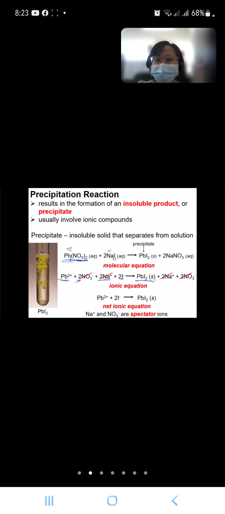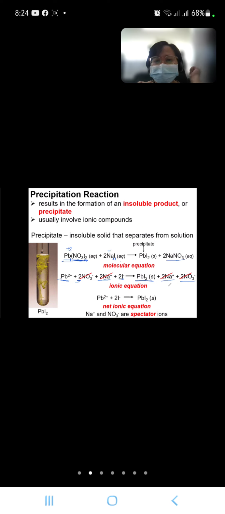It is solid. For sodium nitrate, okay, pareho ra gyapon nga paagi kung giunsa nato sila pagsulat. So atong gipa-ionize or gi-separate nato sila into ions. So we have 2 moles of sodium ion and 2 moles of nitrate ion. Okay, so this is how to write the ionic equation.